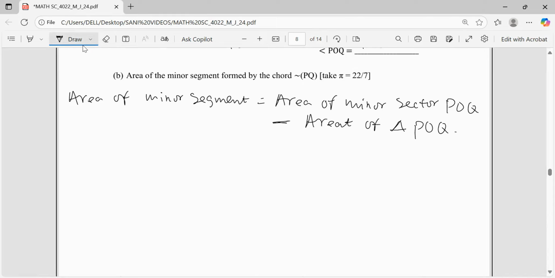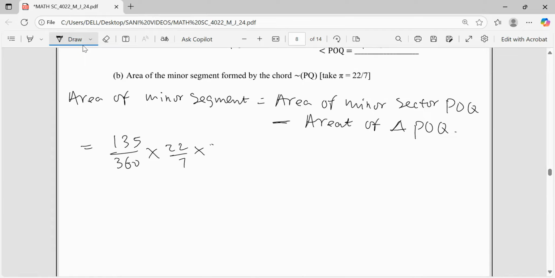So we have the area of a sector is theta over 360 degrees times pi r squared. Theta represents the angle at the center, which is 135 over 360 times pi r squared.